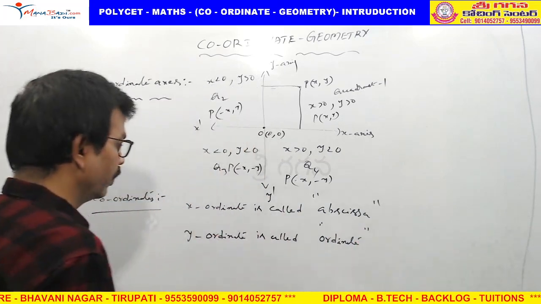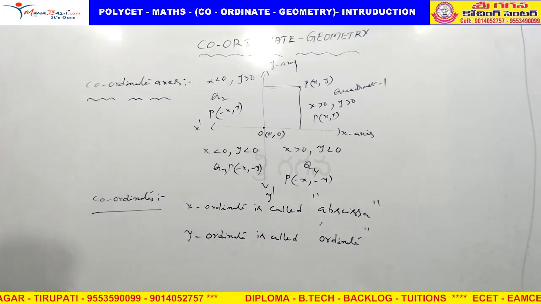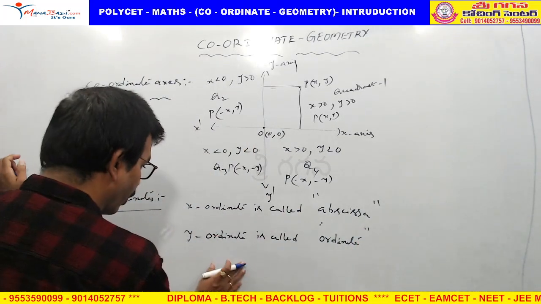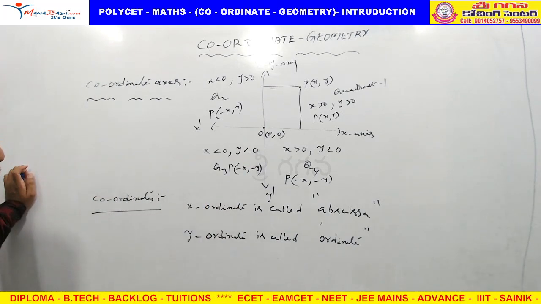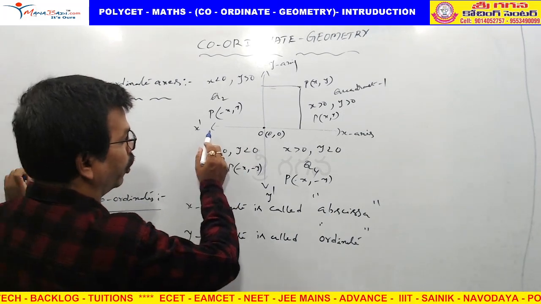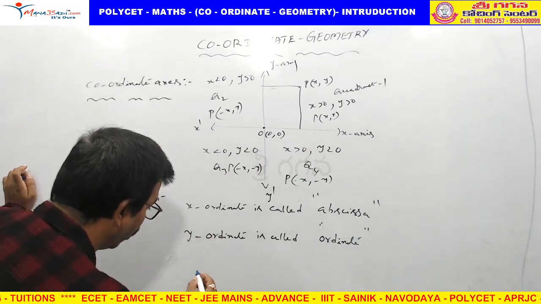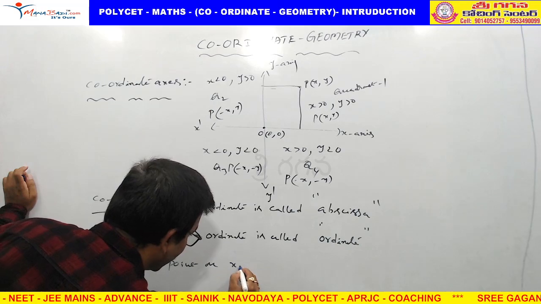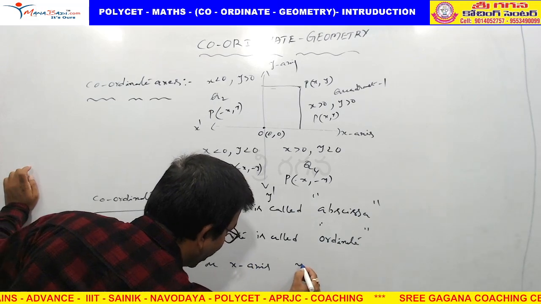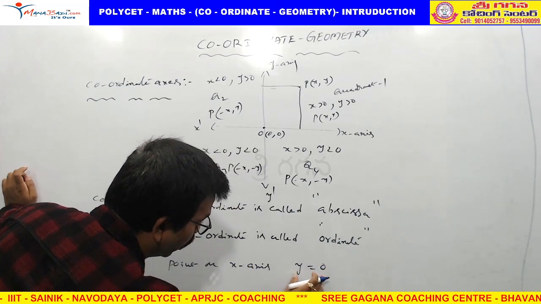Now if we take a point on the x-axis, what is the y value? A point on the x-axis, then obviously y is always equal to 0.